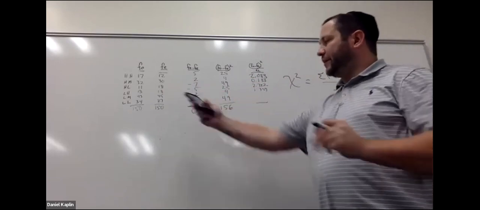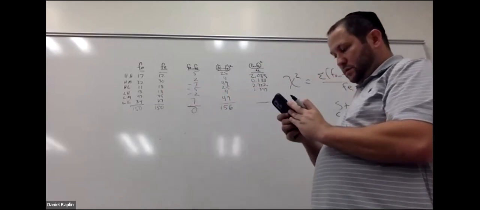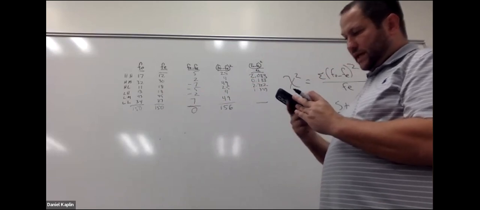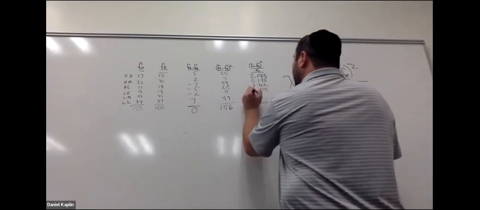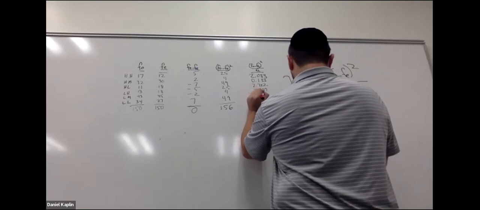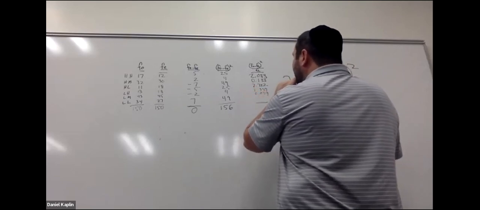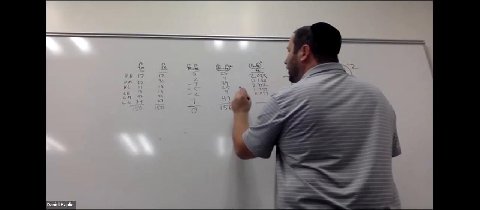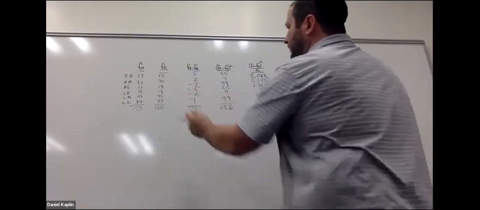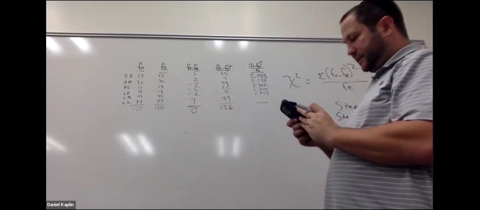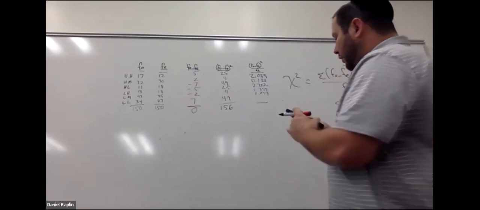So 4 divided by 45, we get 0.089. And then we do 49 divided by 27, which gives us 1.815.